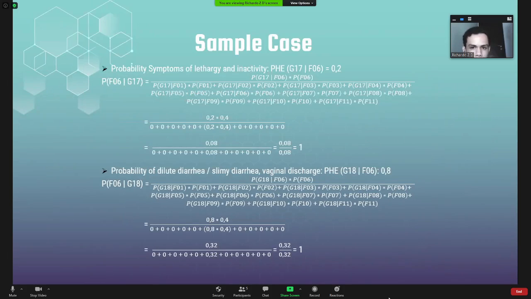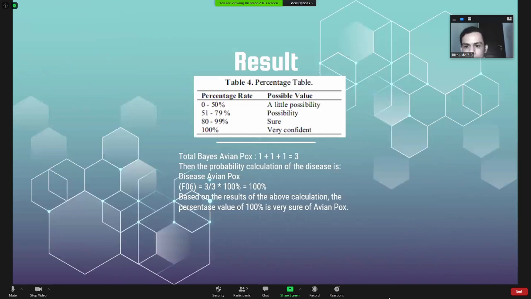Okay, next. Please, Mr. Wilson. As we can see for the result, there is a total bias for avian pox of 3, and the probability calculation of the disease is 3 from total bias divided by 3 from the symptoms, times 100 for the percentage.